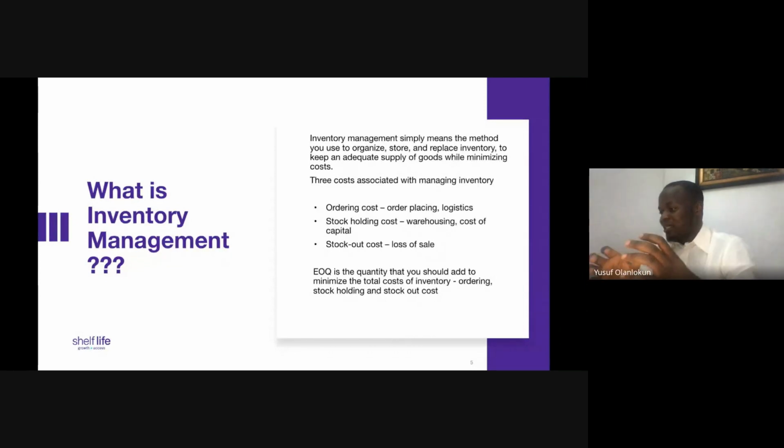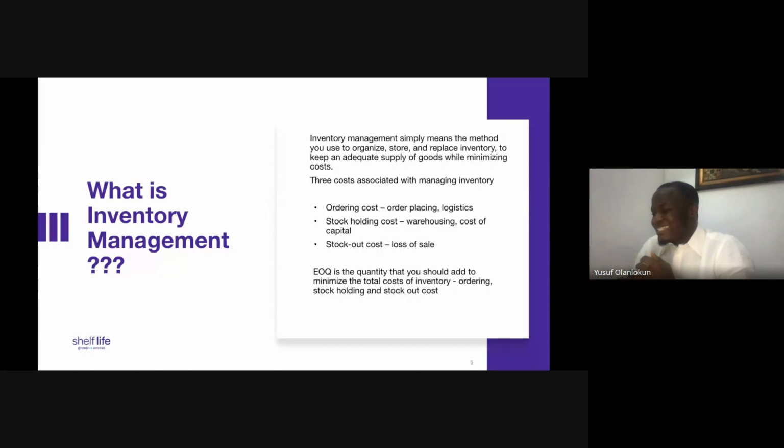And when you are managing inventory, there are three costs that go into inventory management. A lot of us manage businesses and don't pay attention to this. You don't pay attention to why it is not good to keep 100 packs of Augmentin when your run rate is just 2 packs on a daily basis. That's automatically 50, 60 days of inventory.